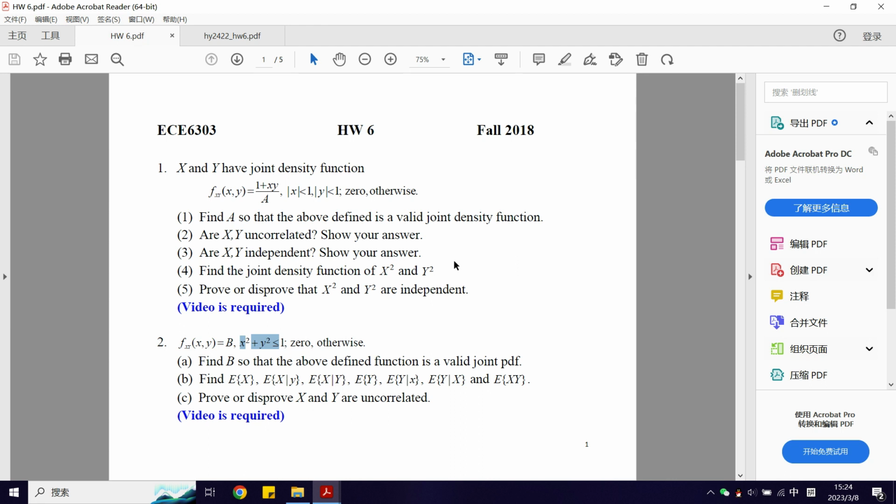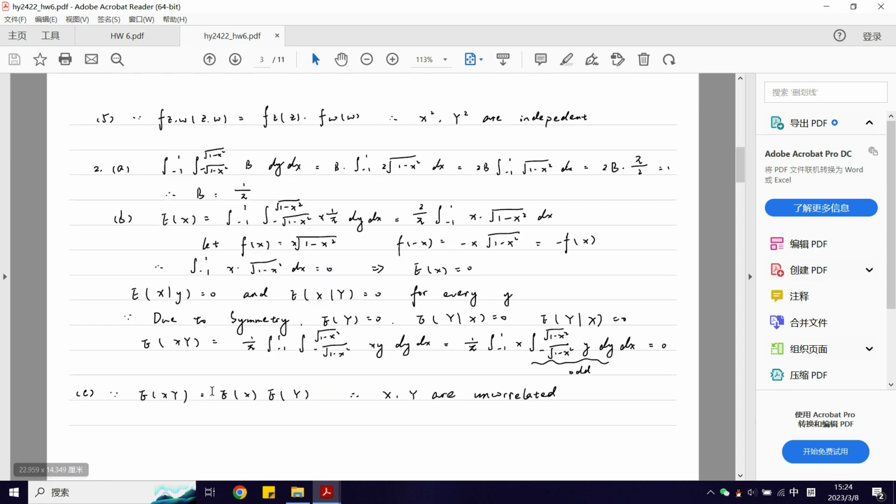Since we can observe that when we do the integration of y, it's an odd function, so the result of the expectation of XY is also 0. After that, we finish question B and find that all these expectations are 0. And then in the next question, we need to prove or disprove whether X and Y are uncorrelated or not.